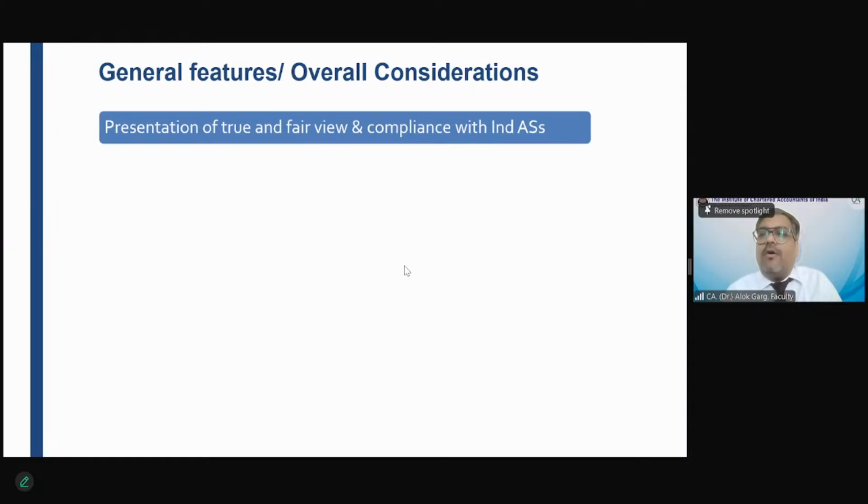Like if you have seen the audit report, the auditor says that the financial statement of XYZ Limited, let's say Reliance Industries Limited, has been prepared in accordance with Ind AS as notified under Section 133 of the Companies Act 2013, and hence the financial statements reflect a true and fair view. So who is saying that the financial statements reflect a true and fair view and comply with all Ind AS?